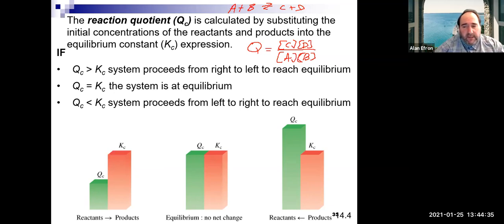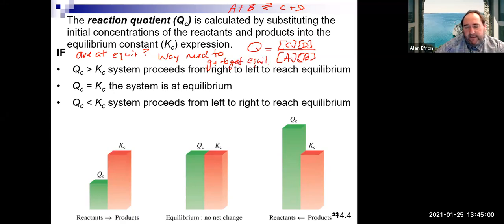In a traditional Q type problem, you would calculate to determine, first off, are you at equilibrium? And second, if you're not at equilibrium, which way you need to go to get to equilibrium.